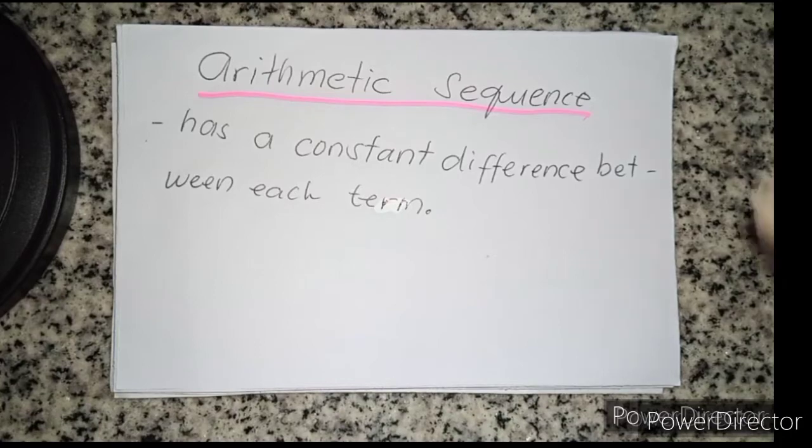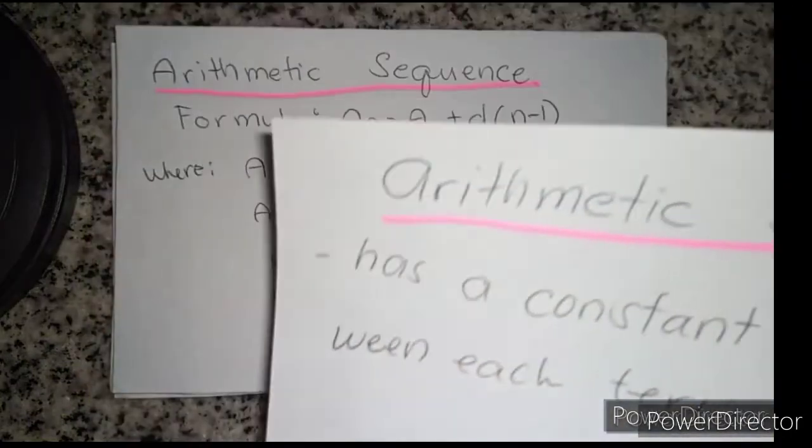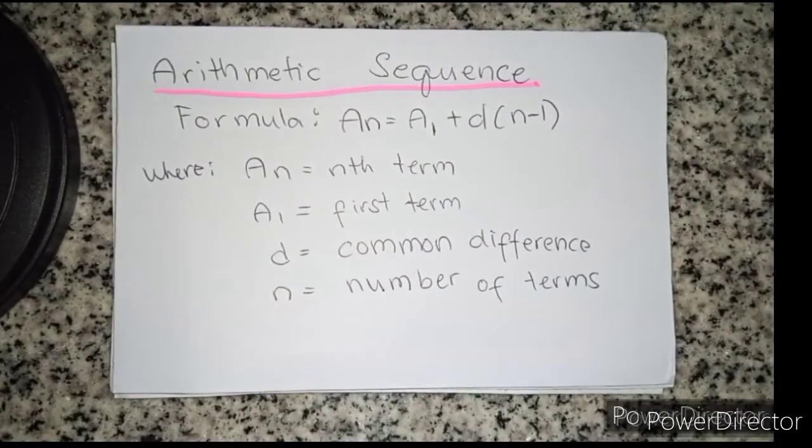So let's have the formula for our arithmetic sequence. For the formula, we have a sub n is equal to a sub 1 plus d times the quantity of n minus 1, where a sub n is equal to the nth term.